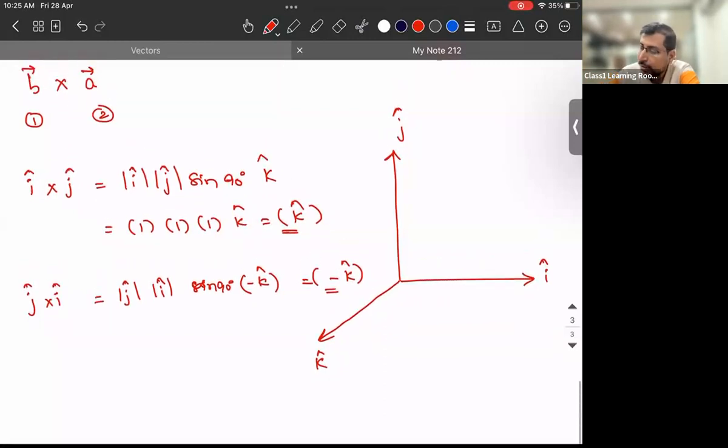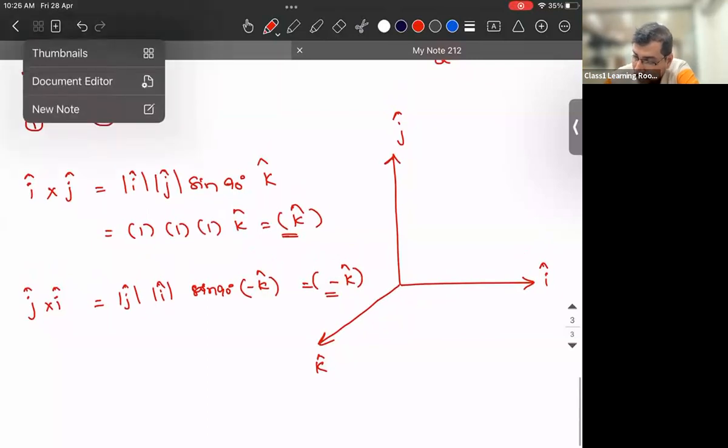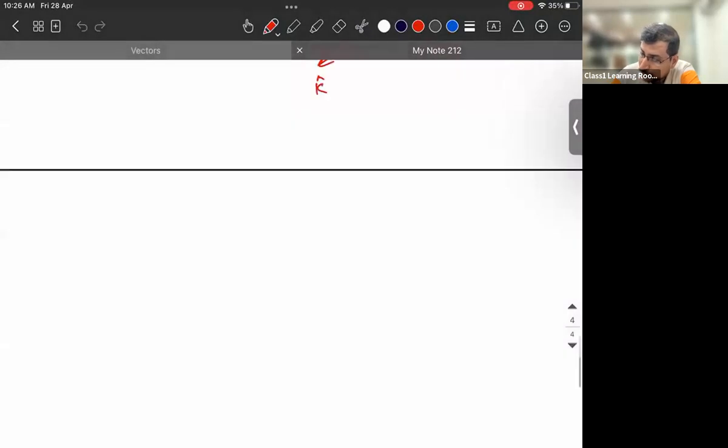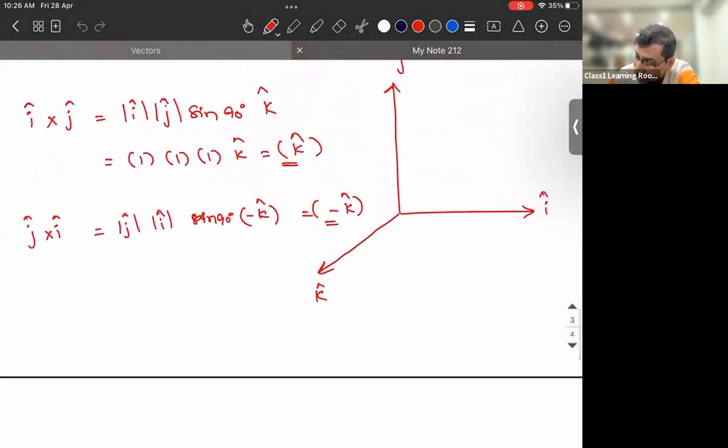Similarly, if I ask you what is I cap cross K cap going to be, think it out. So I cap is like this, K cap is towards you. So keep one vector to your right. Correct.